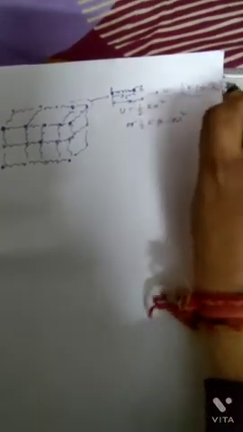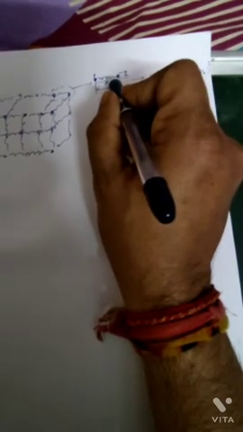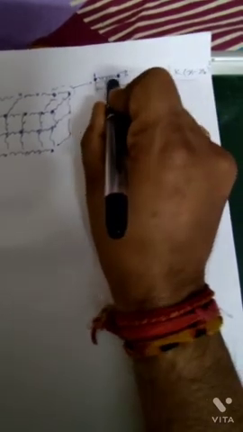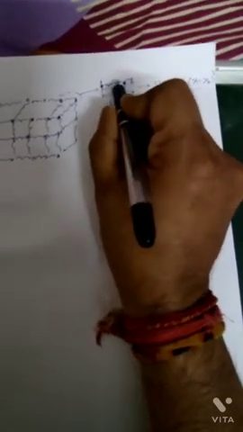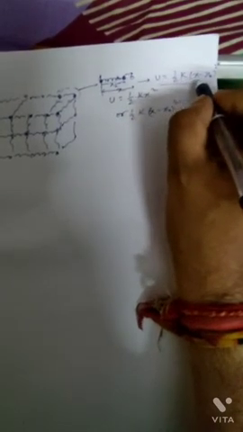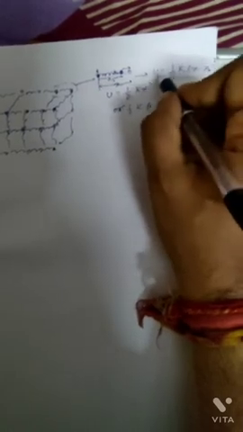Similarly, if we compress this atom from here to here, the same thing will happen, and it will be half k (x naught minus x) square. So this is the potential energy.